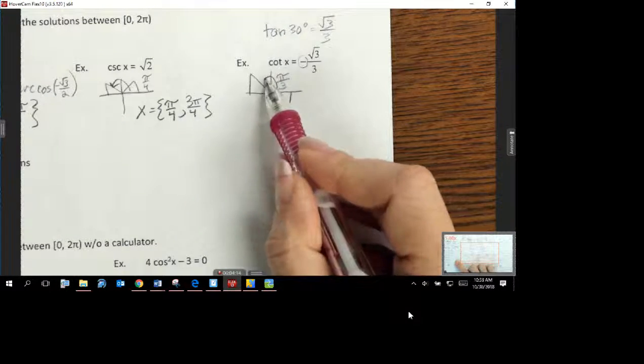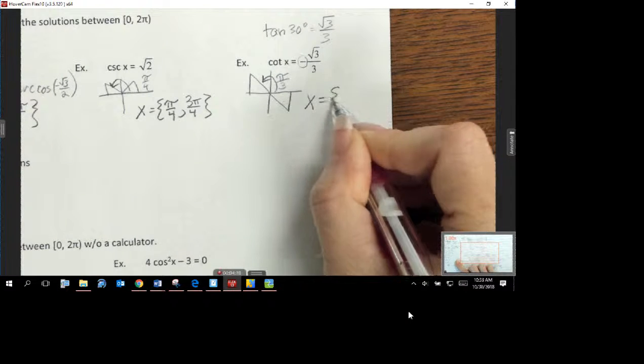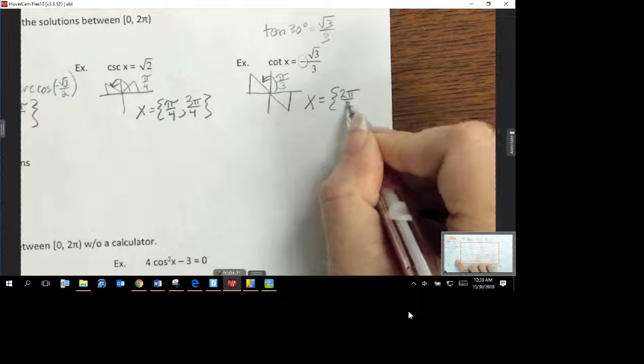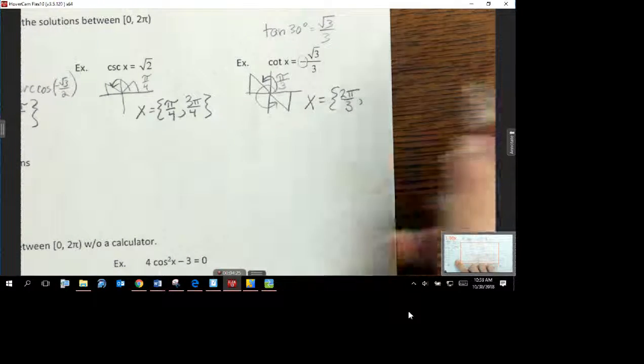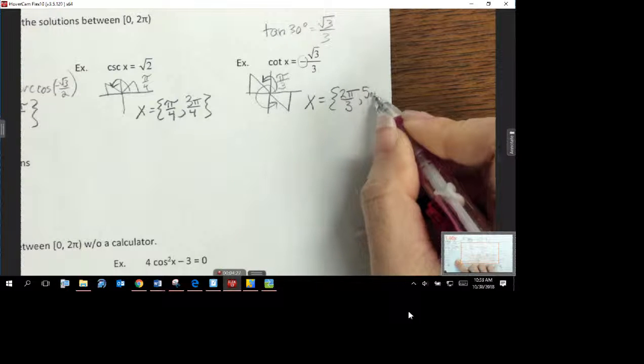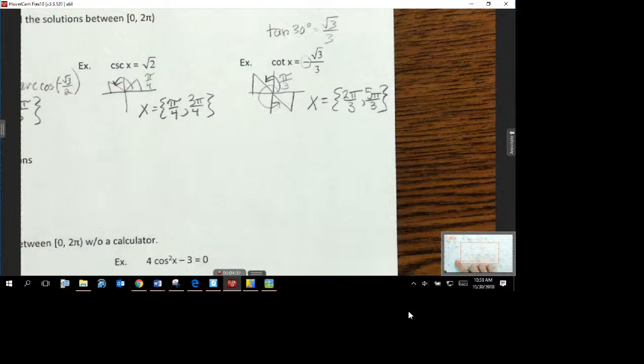But I need the pi over 3 that does not reduce in the second quadrant. And then the one in the fourth quadrant that does not reduce. So if you have these memorized, it's definitely going to take you a lot less time instead of drawing those triangles every single time.